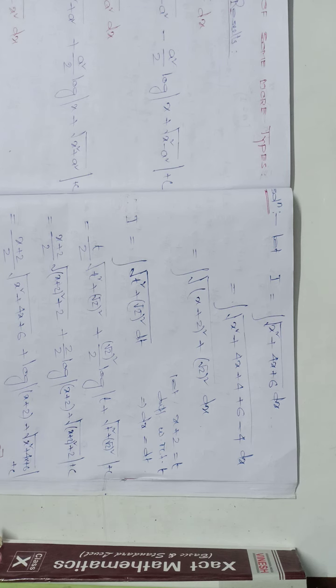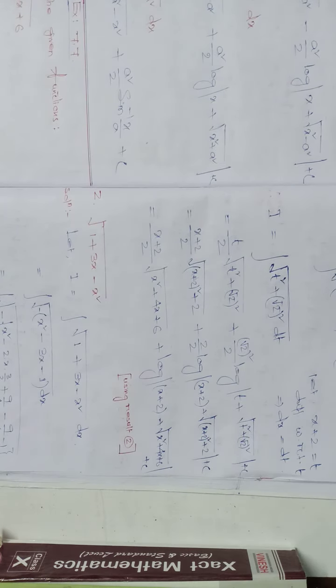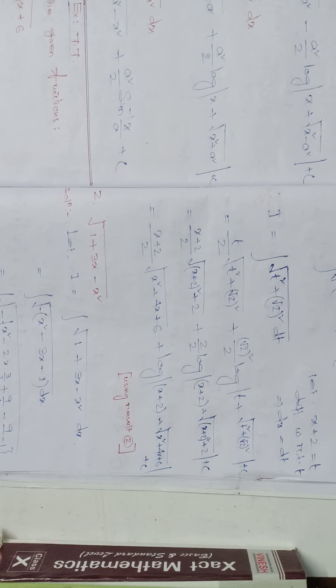Now at last, substituting the value of t, we get the final answer, and it is x plus 2 by 2 root over x square plus 4x plus 6 plus 2 to cancel, log of x plus 2 plus root over x square plus 4x plus 6 plus c. Using the result of root over x square plus a square, that is the second result we have discussed.